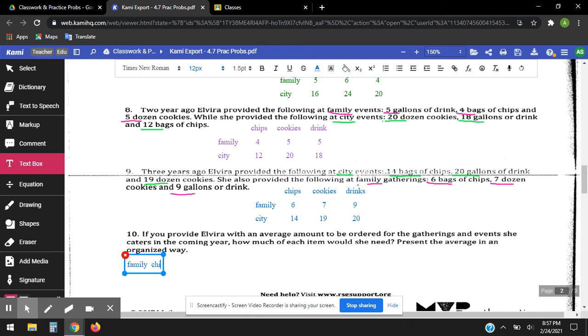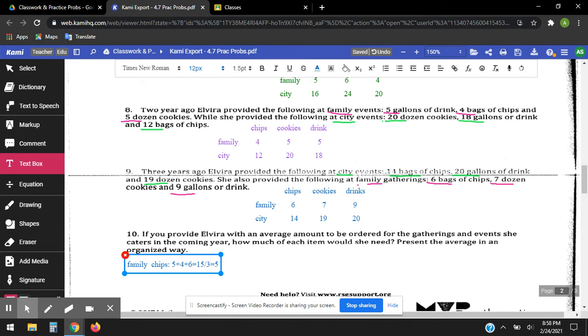And the chips were 5 plus 4 plus 6, and that is 15. And there's 3 things, so divided by 3 equals 5. So I'm going to want to use 5 in my matrices for that piece.